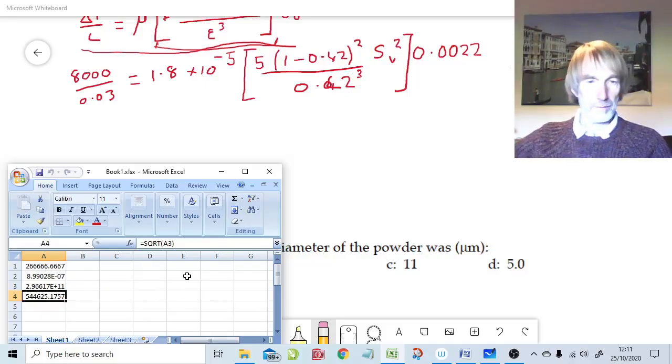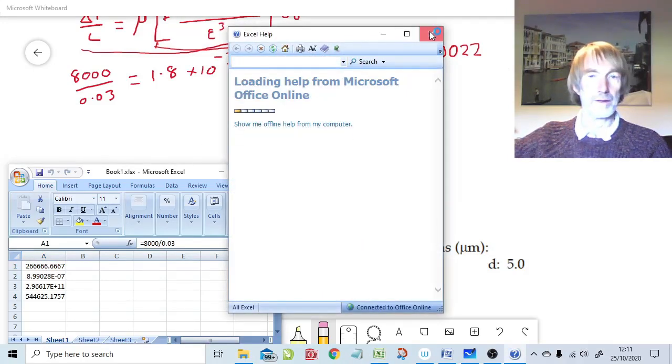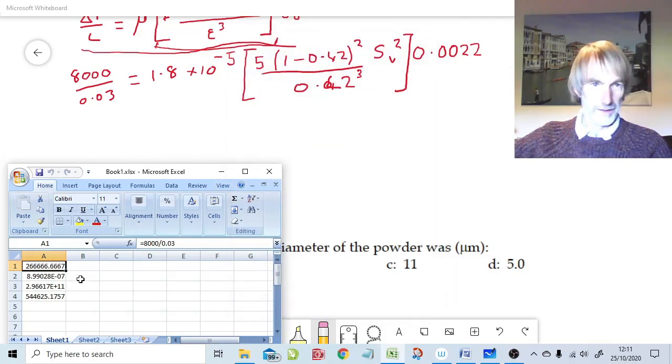Sorry, just lost the transmission for a moment. So going back to what we were saying, that is our 8,000 pascals divided by 0.03. That's all the other items that are in our Kozeny equation.